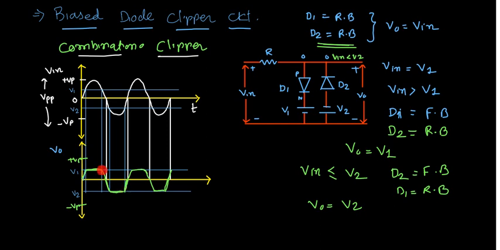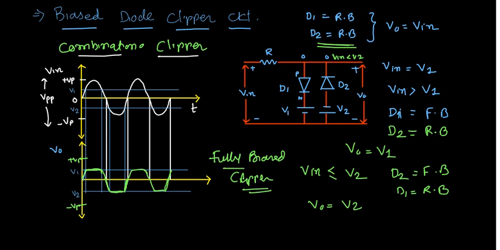The positive part is also clipped and the negative part is also clipped. So that is a combination of clipping. And this V1 and V2 can be controlled by ourselves. So this is a combination clipper, or you can say this is nothing but a positive and negative bias, fully biased circuit. You can also say that it is a fully biased clipper.